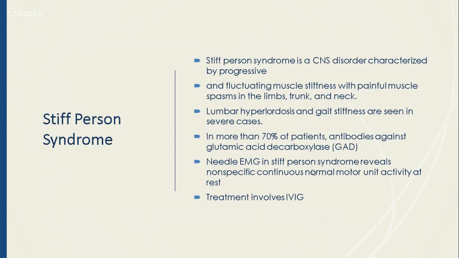In severe cases, you'll have lumbar hyperlordosis and gait stiffness, mostly associated with antibodies against glutamic acid decarboxylase. So you'll often find these patients having type 1 diabetes. EMG studies will show non-specific continuous motor activity, and usually the treatment involves IVIG.